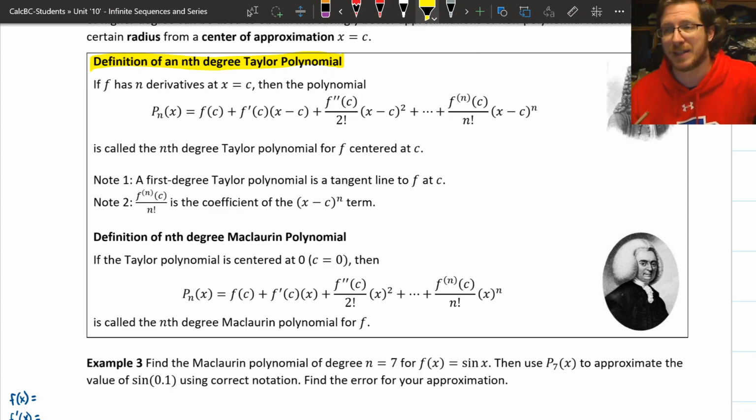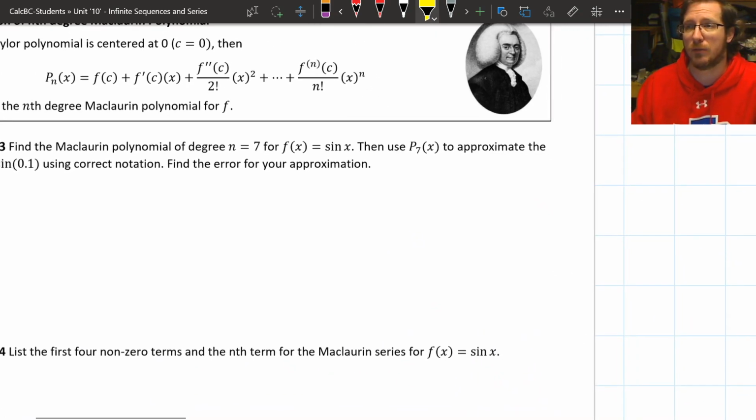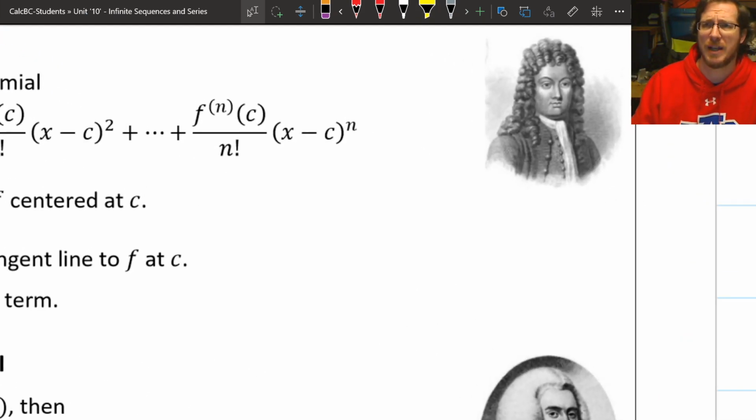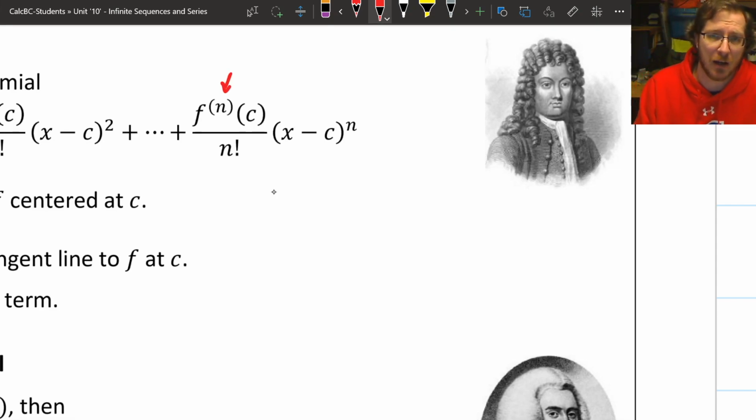And our rule is f to the n, but let's be careful here. This n here is not an exponent. Okay, this is our nth derivative.